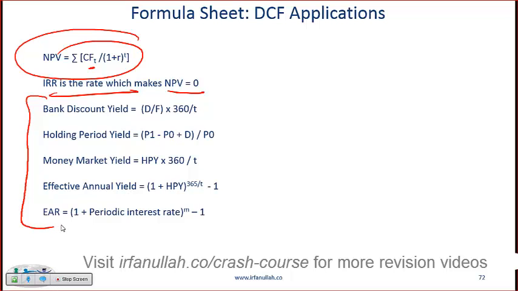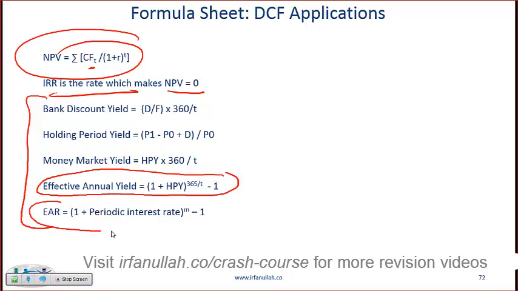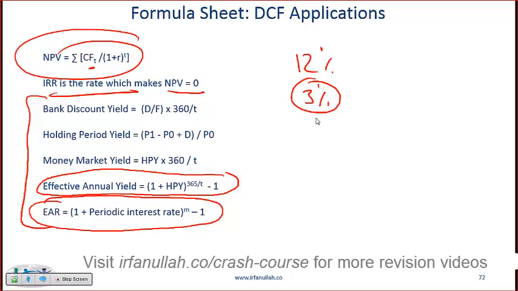Now here I have highlighted a point that keeps confusing students. Notice this formula, effective annual yield. Is this the same as what we saw on the previous slide, the effective annual rate? Some people think they are different, but actually it is the same thing. So if you think about it, let's say your stated annual rate is 12% and you are doing quarterly compounding. Then what is your quarterly rate? It is 3%. If you think about it, that 3% is your holding period yield for a 3-month period.